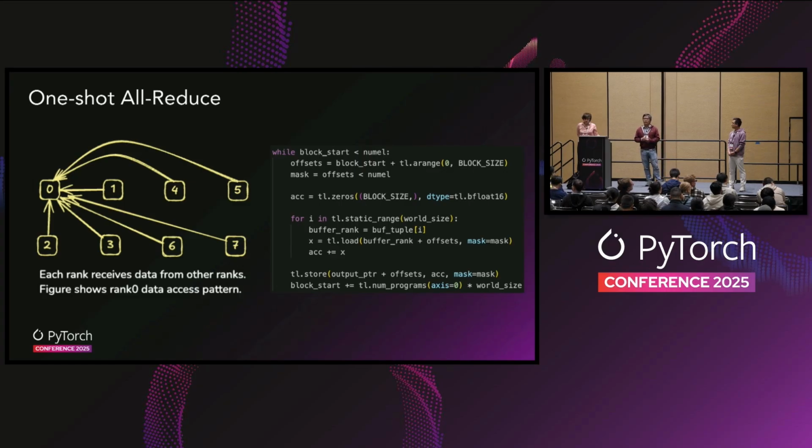And the inner loop iterates through all the ranks, whether it's the local rank or a remote rank. We calculate the data address of each block on each rank. And again, we use a load instruction to load the data, whether it's local data or remote data. It's the same. We load this data and perform the computation, which is the reduction. And we finish the one-shot all-reduce implementation.